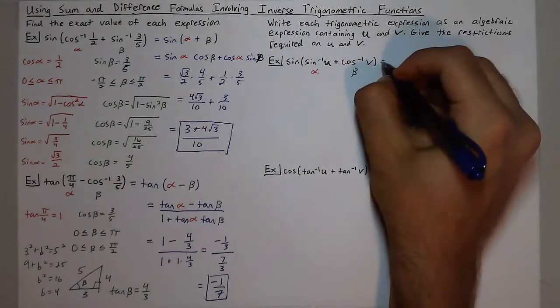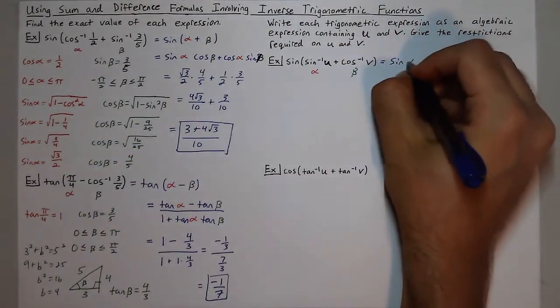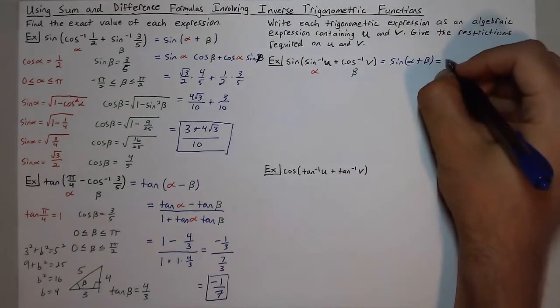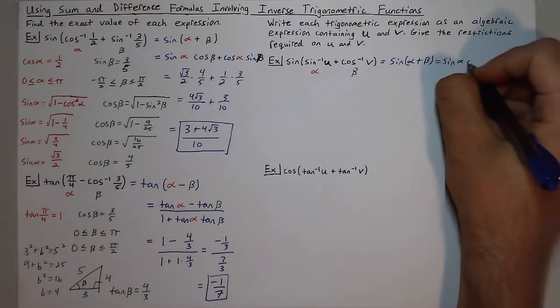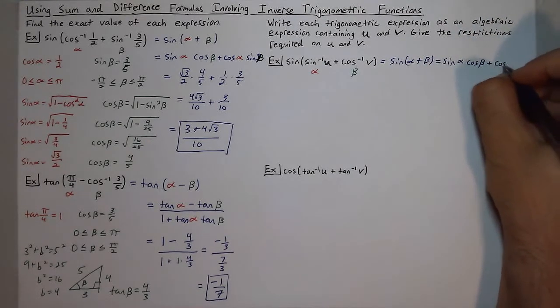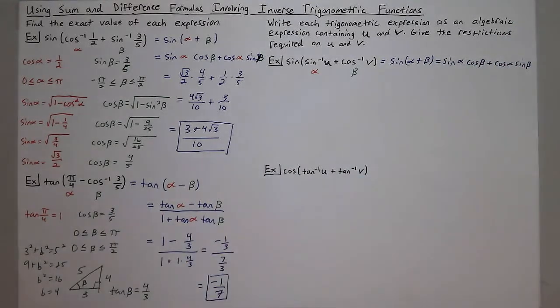And so this just becomes, using that same sine of alpha plus beta, sine of alpha cosine of beta plus cosine of alpha sine of beta. And we just have to figure out what those missing pieces are.